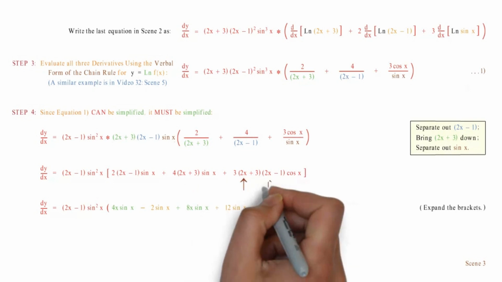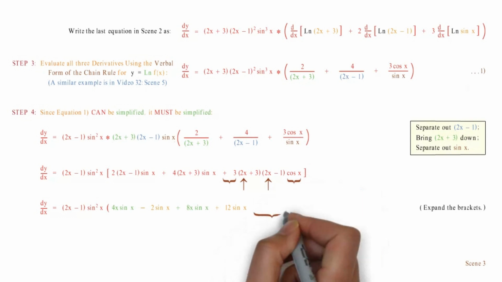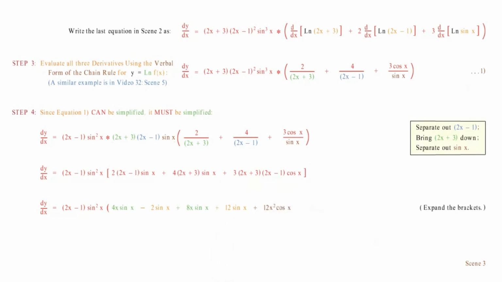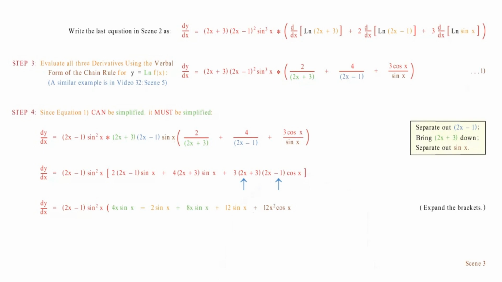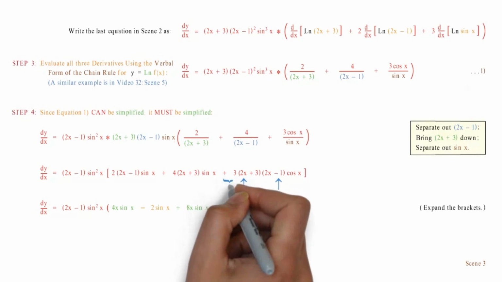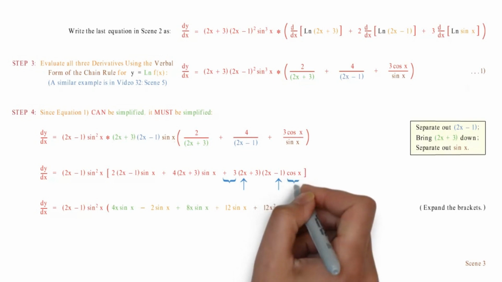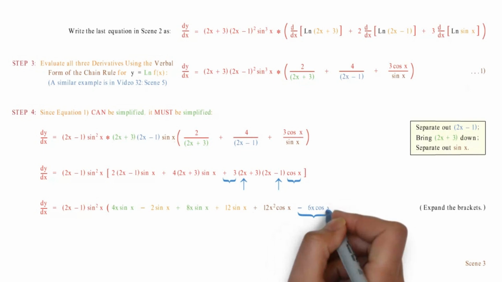2x times 2x is plus 4x squared, times plus 3 is plus 12x squared, times cos of x is plus 12x squared cos of x. 2x times minus 1 is minus 2x, times plus 3 is minus 6x, times cos of x is minus 6x cos of x.